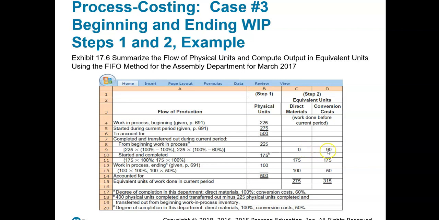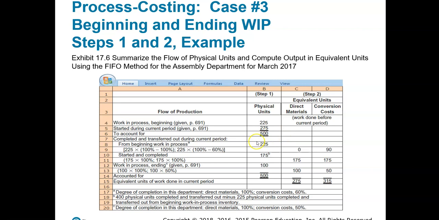Now, for the beginning work in process, remember they were not complete with respect to conversion costs. They were only 60% complete. So how much additional conversion did we have to incur this period? In this period, we had to convert the remaining 40% in order to complete those units.